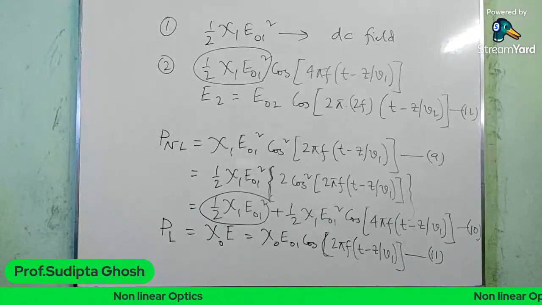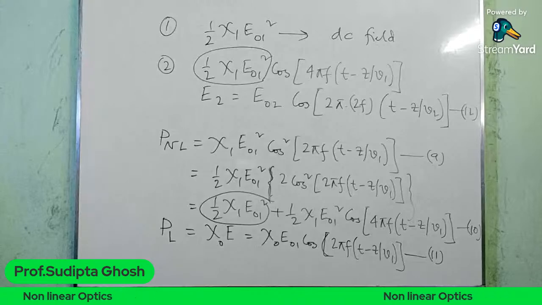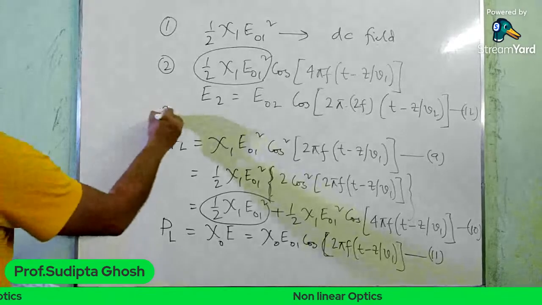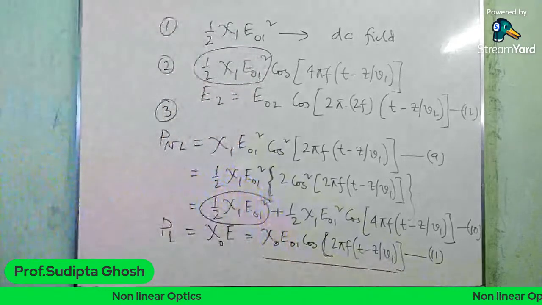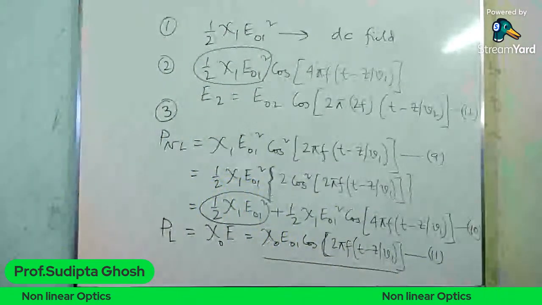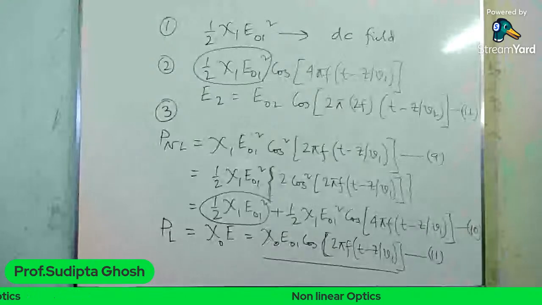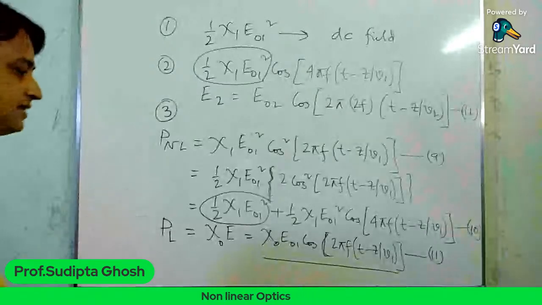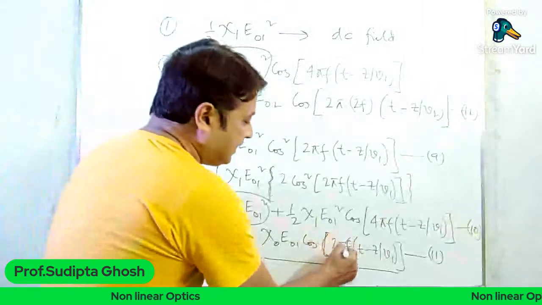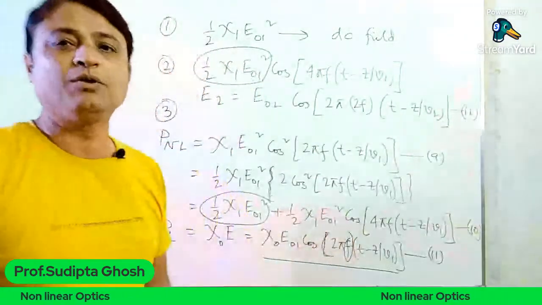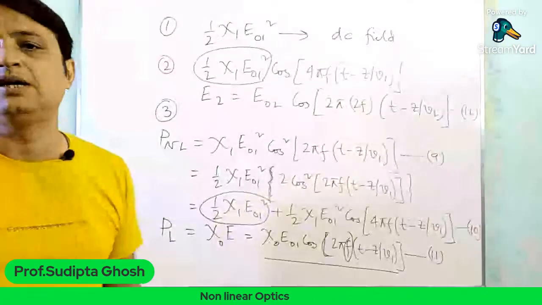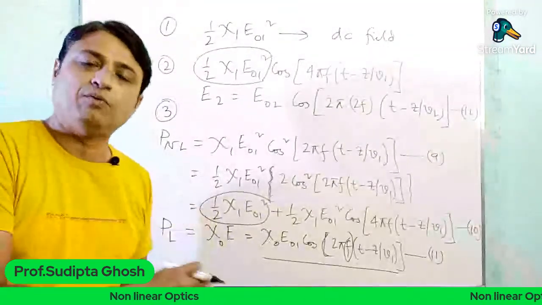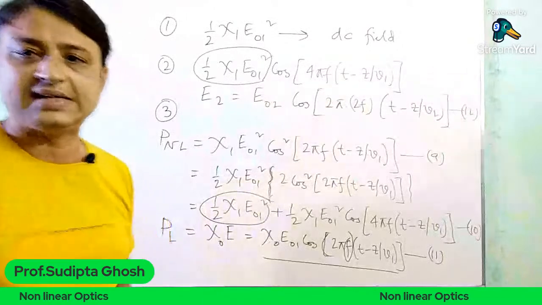Now let's find out the last term, number 3. Here also you can see that this represents another wave, but this time the frequency is not changed. The frequency remains the same as the frequency of the incident wave, that is f.